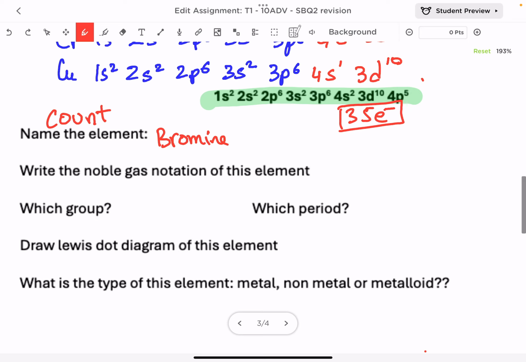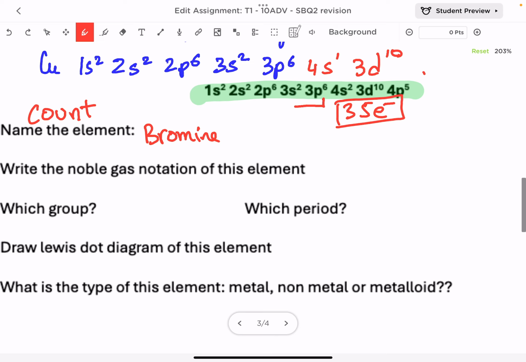In the periodic table, the last noble gas before Br is the argon, 18 electrons. So on this configuration, these are 18 electrons.